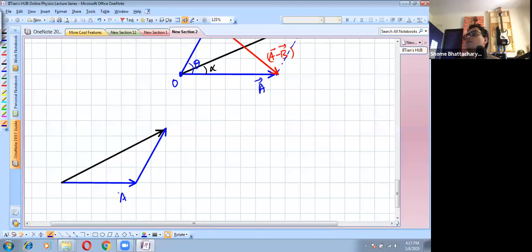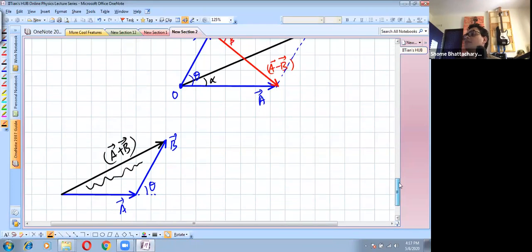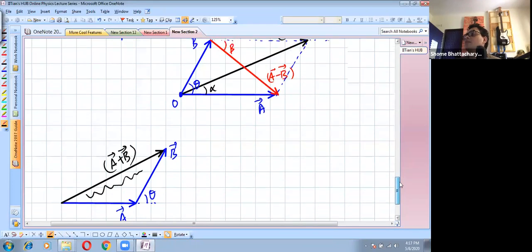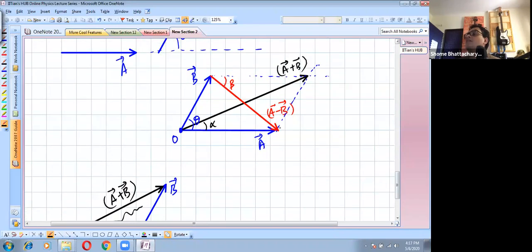So here, this is the vector A, this is the vector B, this angle is theta, and this is the resultant. Now you can see that this triangle is present in the above parallelogram. This side is the same as this side, we just pushed it here. So that triangle is present within this.